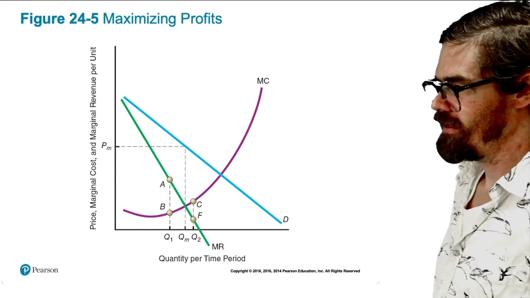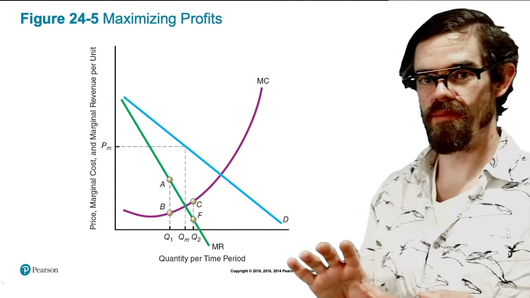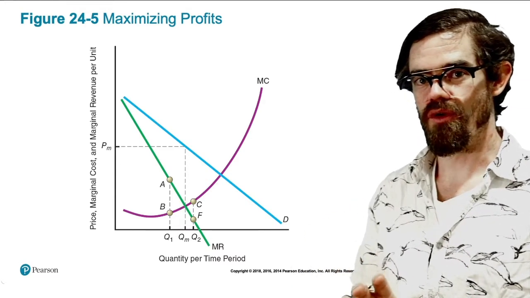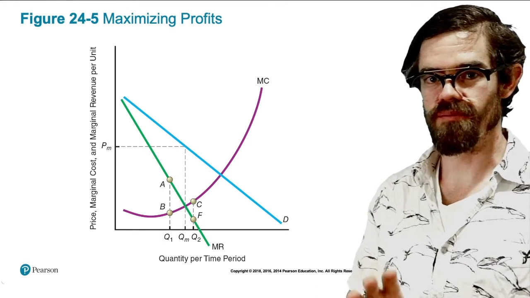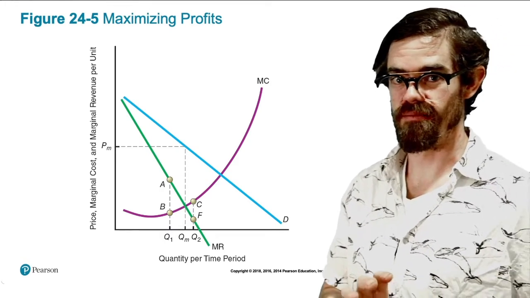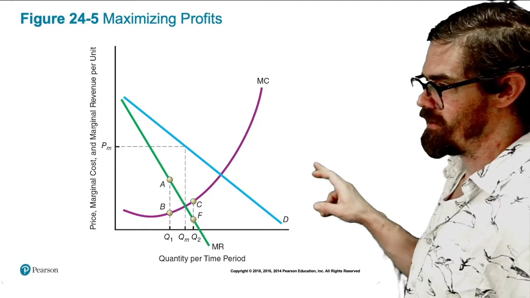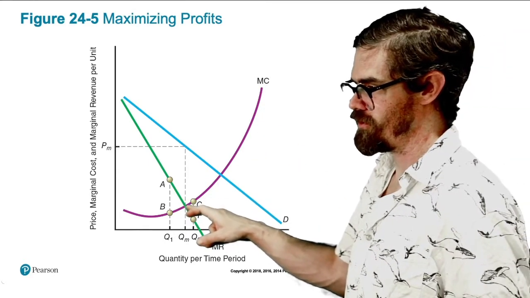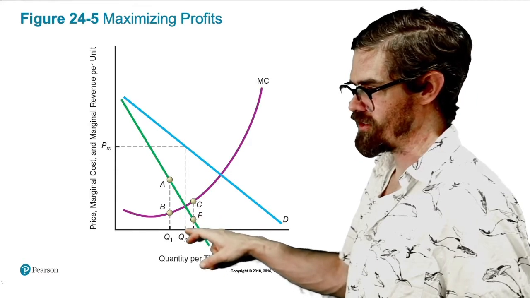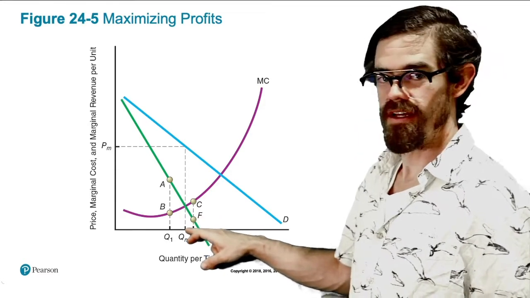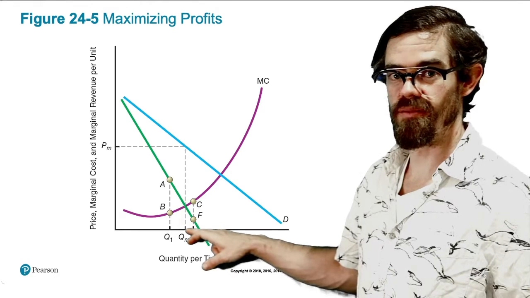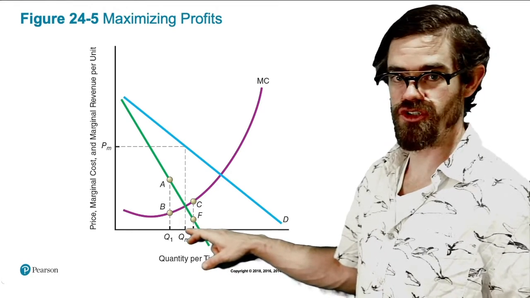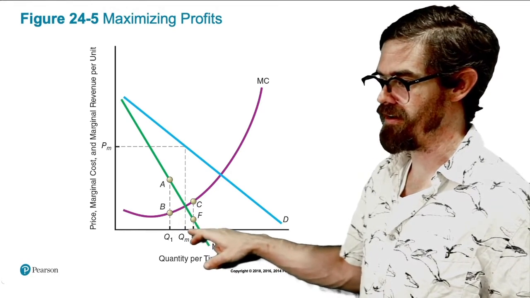Okay, great. All right, so remember that that's not the end of the story for the monopoly, right? It's looking for the price-output combination that maximizes profits. So here we've got marginal cost and marginal revenue. That's where they're equal. So this is the profit maximizing quantity, but that's not the end of the story. Now the monopoly has to determine how much to charge in order to sell that amount of output.